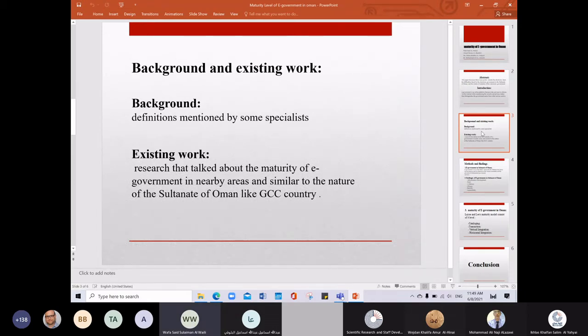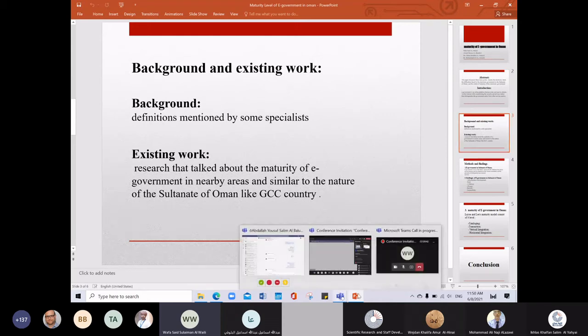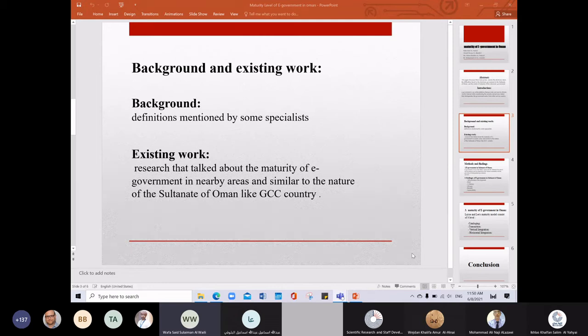E-government is an online platform that provides services to citizens via the internet while maintaining security. In this research work, we faced a difficulty in finding earlier work that talks about the maturity of e-government in Oman.